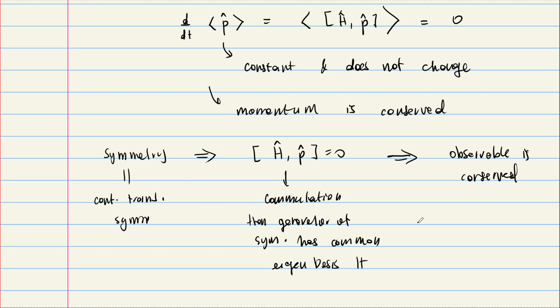If something is conserved, we connect it to commutation and we connect it to symmetry. And you can go in either way. I say go this way, but if something is conserved, we can say it commutes with the Hamiltonian, and that always implies a symmetry. Good. So this is, if you want, a conservation law.